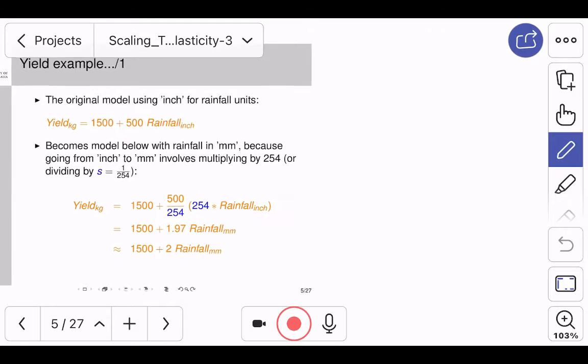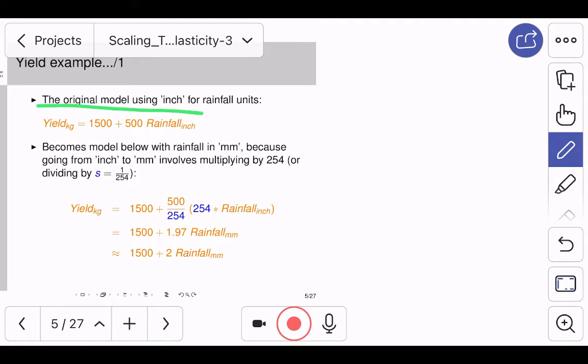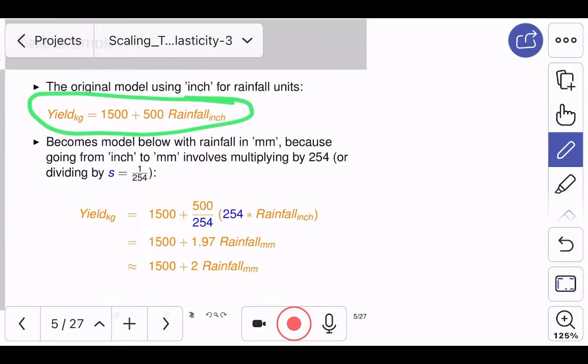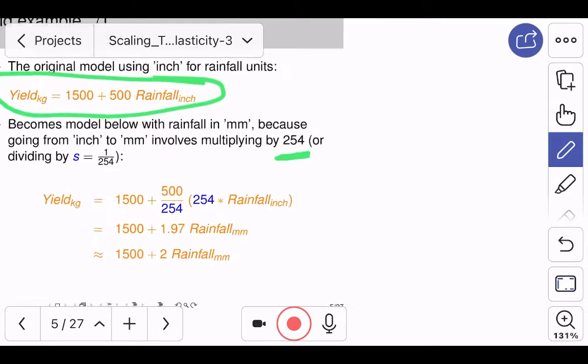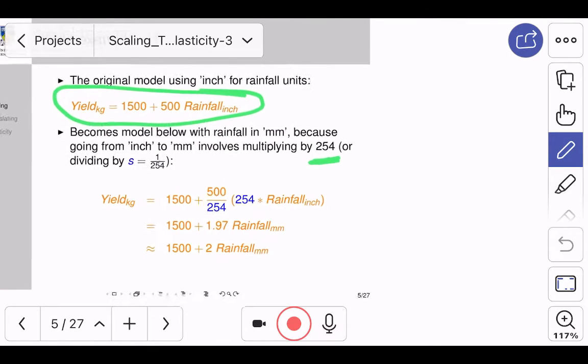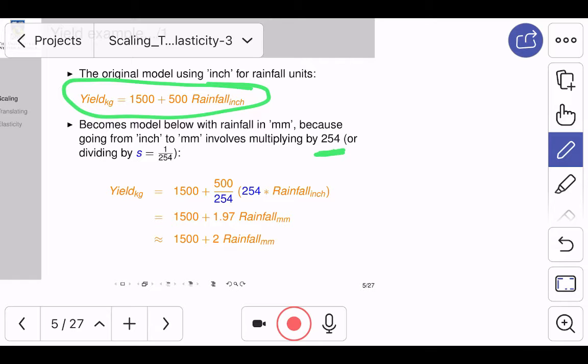Okay, so now yield was described by this equation before, but now we want to change inches to millimeters. Going from inches to millimeters, you multiply by 254. Well, that means I need to divide by 1 over 254. This is just the same thing.